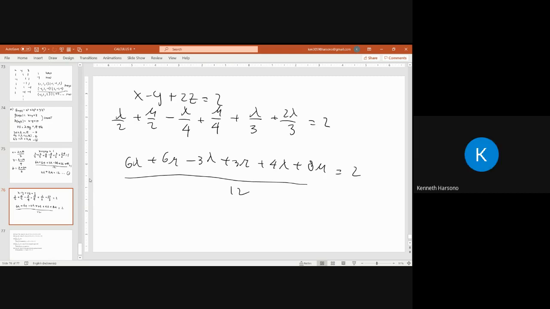Simplify this one: 6 minus 3 plus 4 is 7 lambda, plus 6 plus 3 plus 8 is 17 mu, is equal to 24. So this is our second equation.